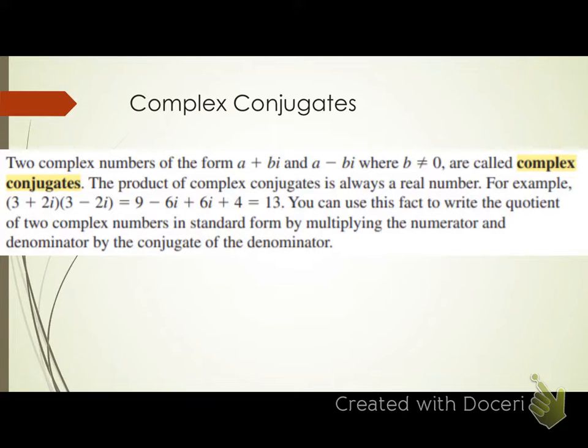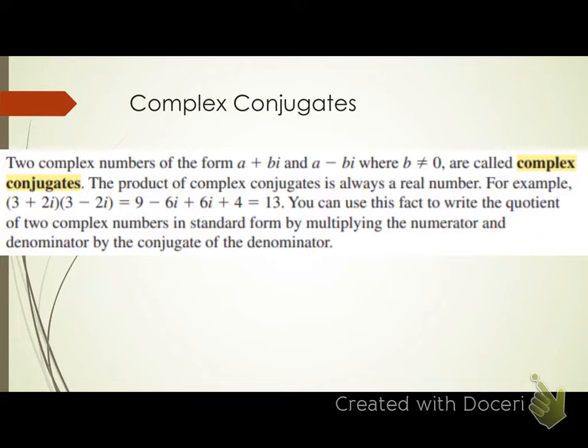You can use this fact to write the quotient of two complex numbers in standard form by multiplying the numerator and denominator by the conjugate of the denominator. So if I have a quotient, what does quotient mean? Division. Okay?